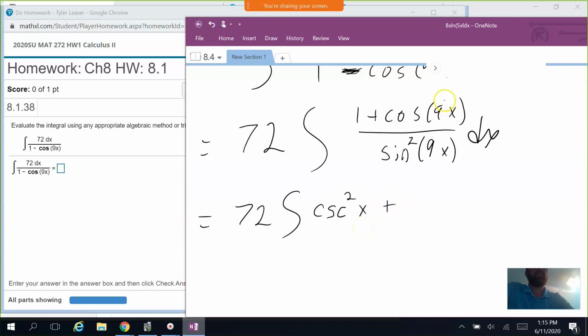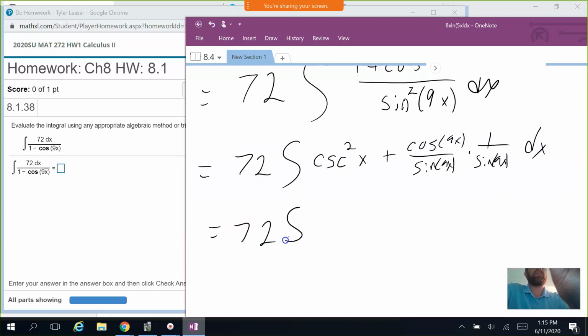Plus, then we're going to have cosine 9x over sine squared 9x. And I'm going to break that up. Just to add an extra step to show you what's going on, I'm going to write this as cosine 9x over sine 9x, and then we still have another 1 over sine 9x to be that sine squared.